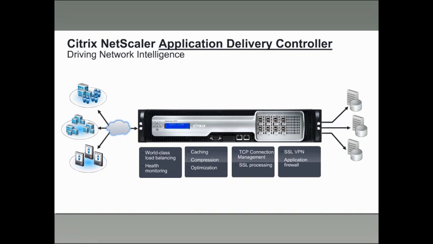Makes perfect sense because then we don't take these servers down. They're not burdened with every request, and the NetScaler is able to serve those up quickly. So we're generating a performance increase, and the user experience is enhanced.